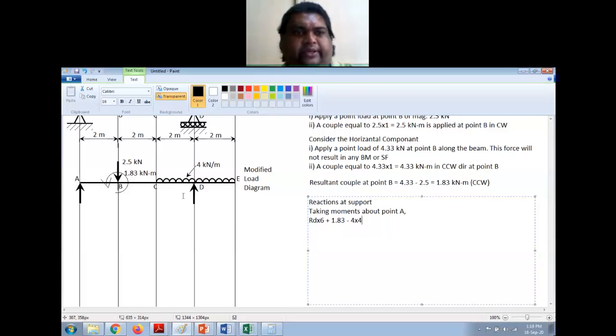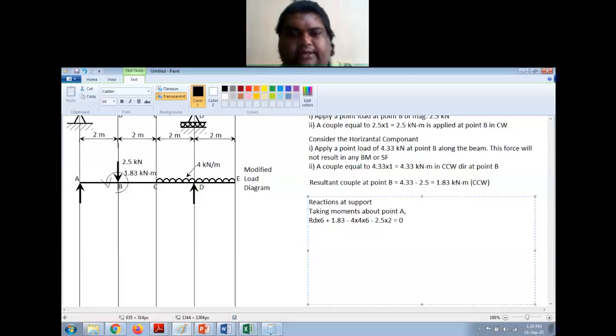So from D to A it is 6 meter into 6, minus this point load of 2.5 into perpendicular distance is 2, and this is equal to 0, right?